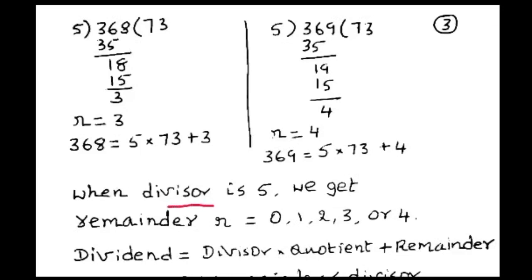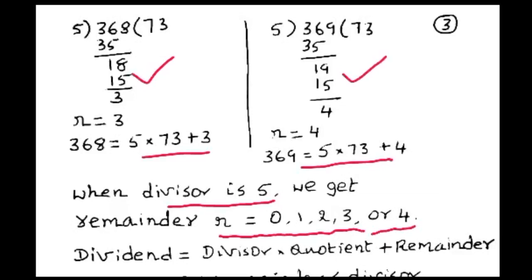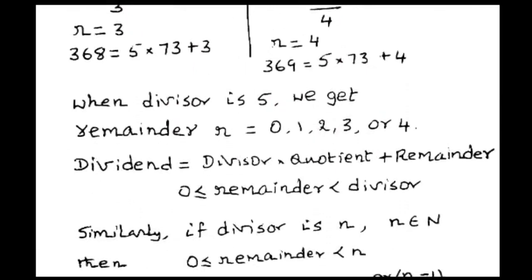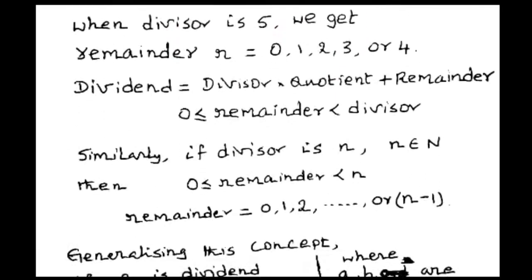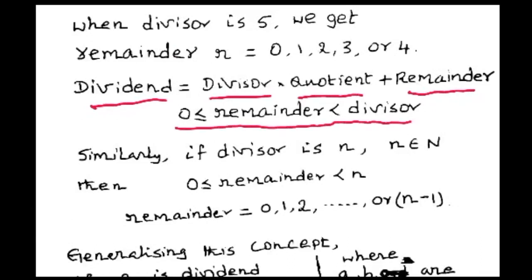We can conclude that when the divisor is 5, the remainders may be 0, 1, 2, 3 or 4. We have observed several examples in this case. Now, we note down the formula: dividend equal to divisor multiplied by quotient plus remainder, and 0 less than or equal to remainder less than divisor.